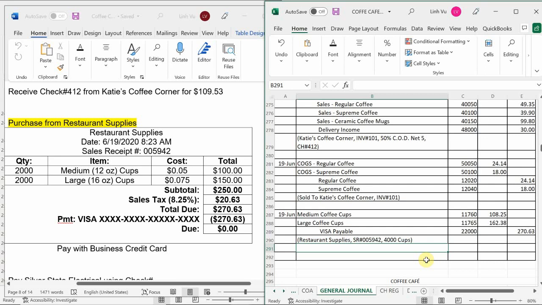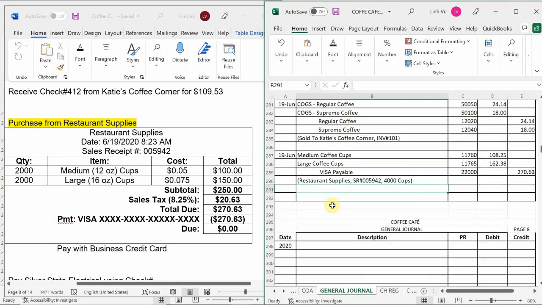Okay, good. We reached the bottom of my journal here for journal number 7. So this right here, obviously you won't be able to squeeze any other transaction here, so we don't need to draw a line. But the next transaction we're going to be doing on the next page.